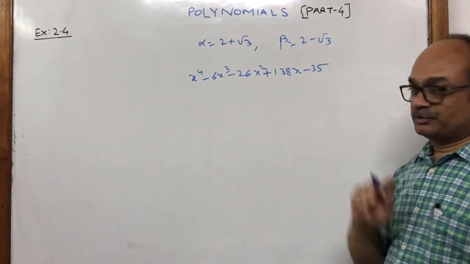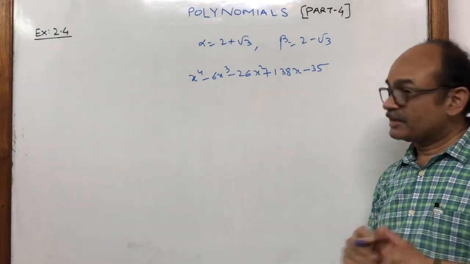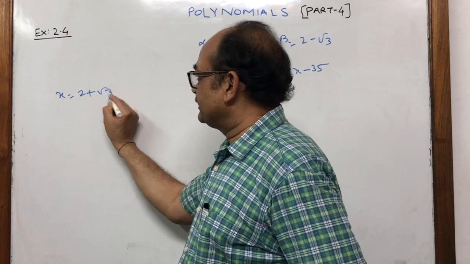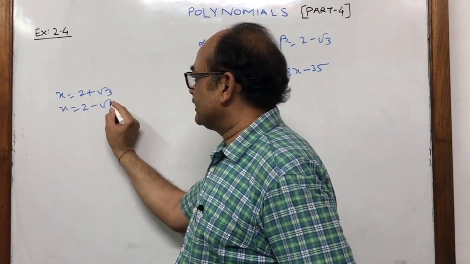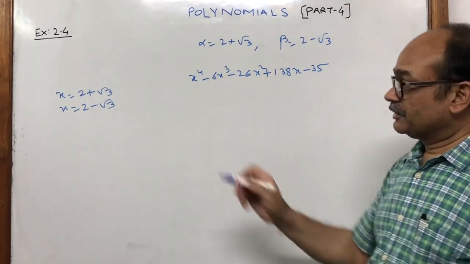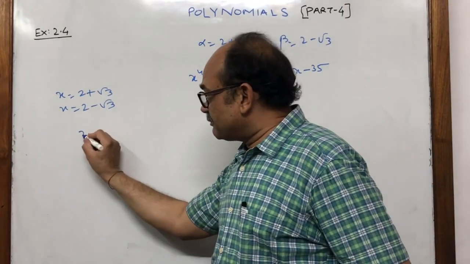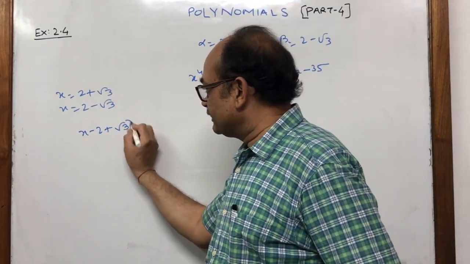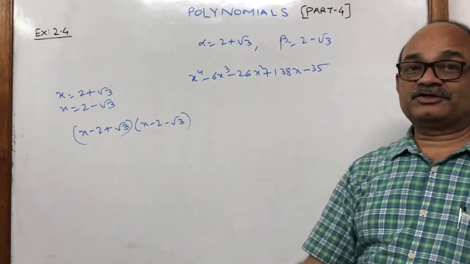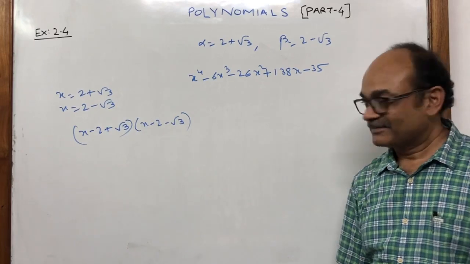These are the two zeros, alpha and beta. Or we can say x equals 2 plus root 3 and x equals 2 minus root 3. It means x minus 2 plus root 3 and x minus 2 minus root 3 are the two factors.